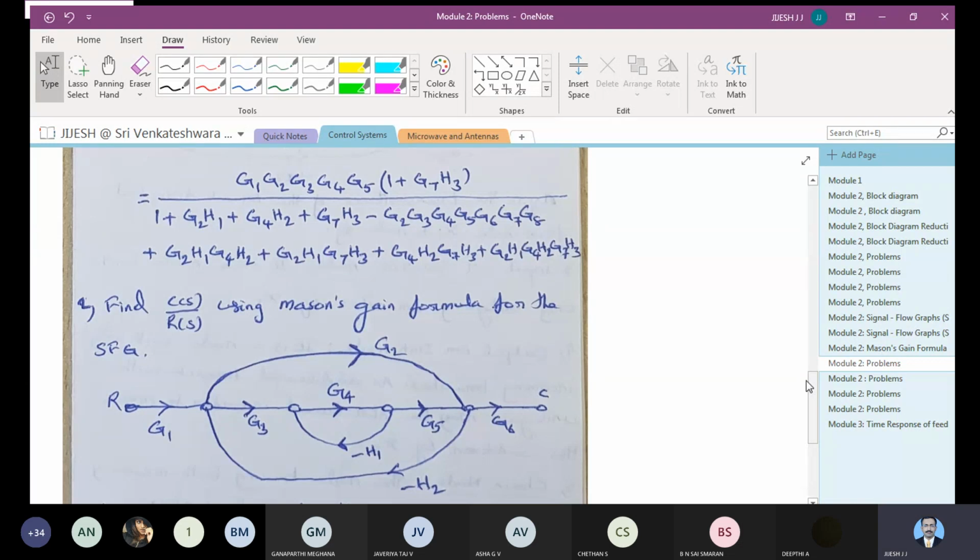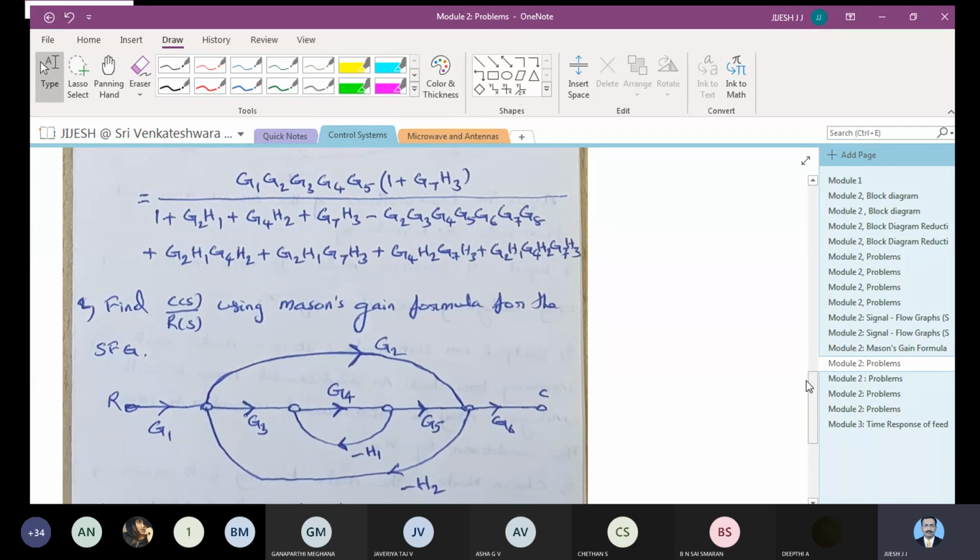All of you write this problem. All of you draw this problem, and while drawing be careful: arrow marks, minus signs, nodes, gains, everything.